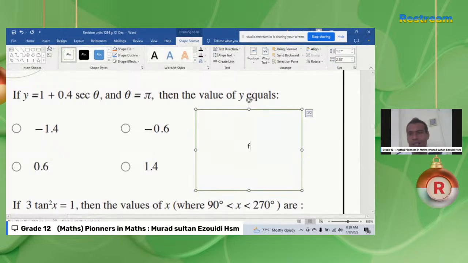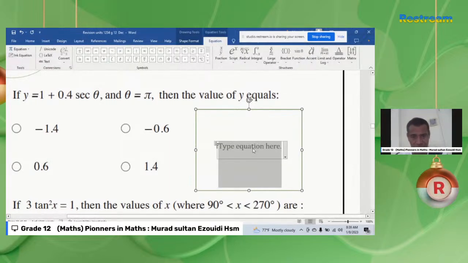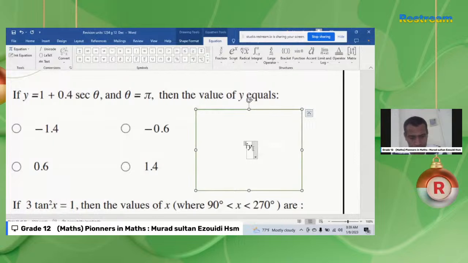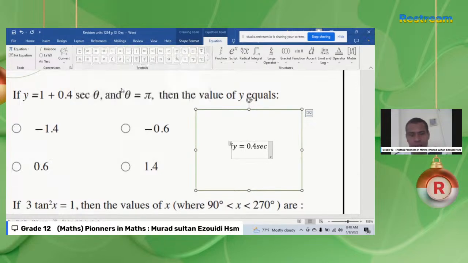Now I will try to insert the symbols of sec and cosine. First of all, learners, I will just write y equals 1 plus 0.4 sec of theta.